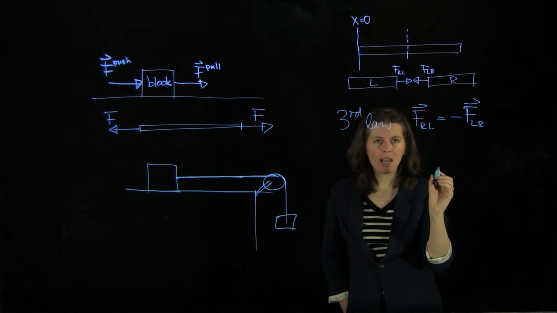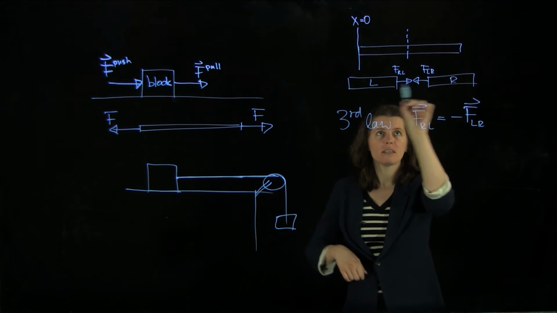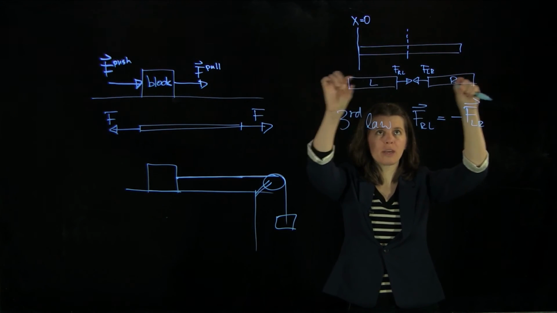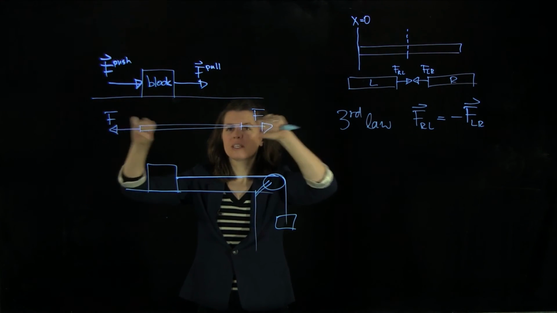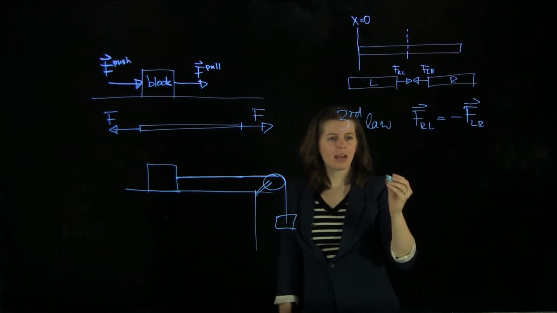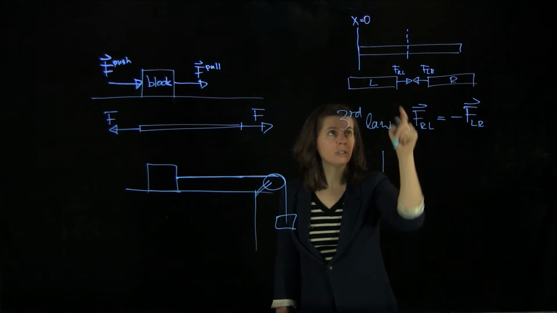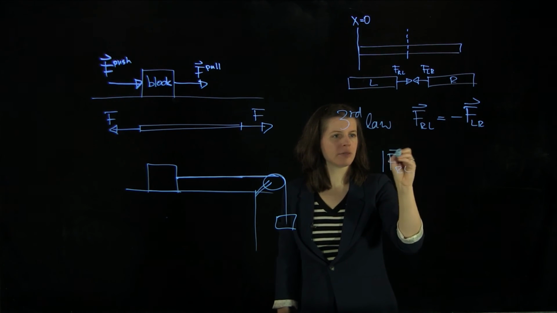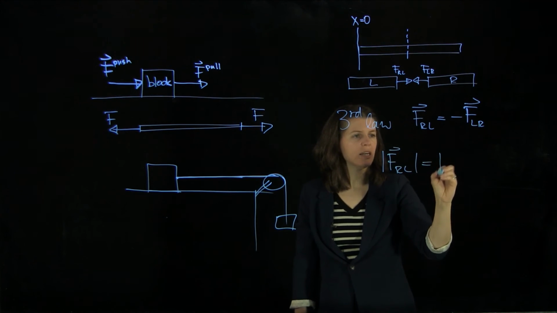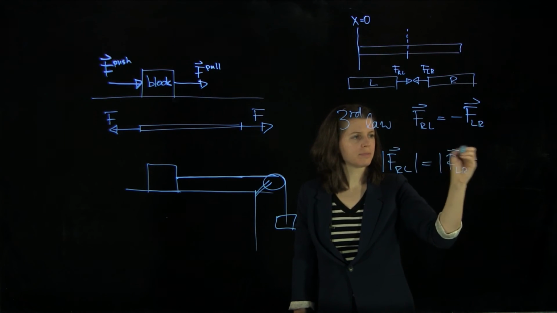But what we want to define now actually is tension, the tension force that is happening along this rope here in our tug of war if someone pulls from the outside. And for that, we're first going to look at the magnitude of our interaction pair here, F_RL. And that, of course, equals the magnitude of F_LR.